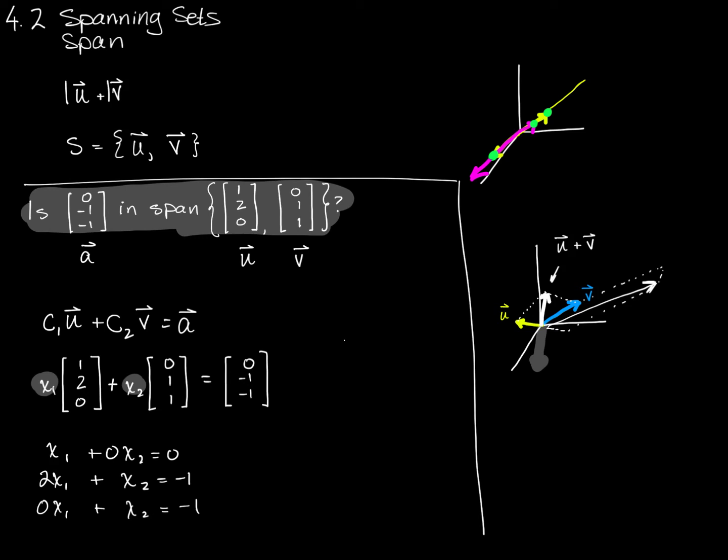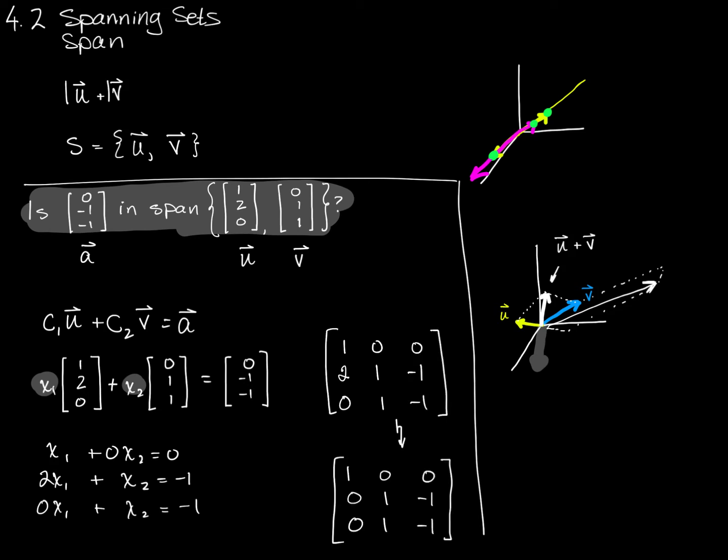Let's rewrite it as 1, 0, 0, 2, 1, -1, and 0, 1, -1. If I do some elementary row operations on this matrix, I'll end up with this matrix. At first, it might look like there's no solution here because these 2 rows are the same.